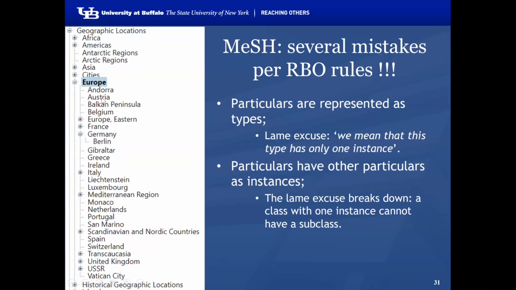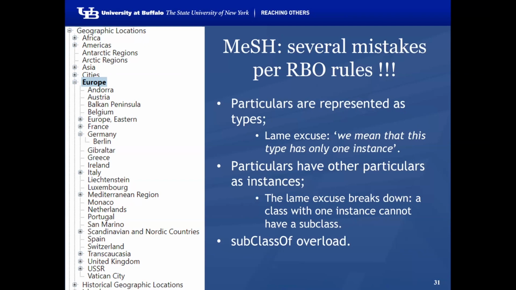Andorra is not a kind of Europe. Austria is not a kind of Europe. If there would be a part relationship, a mereological relationship, then you could indeed say Andorra is part of Europe, Austria is part of Europe. But it's not a kind of Europe.